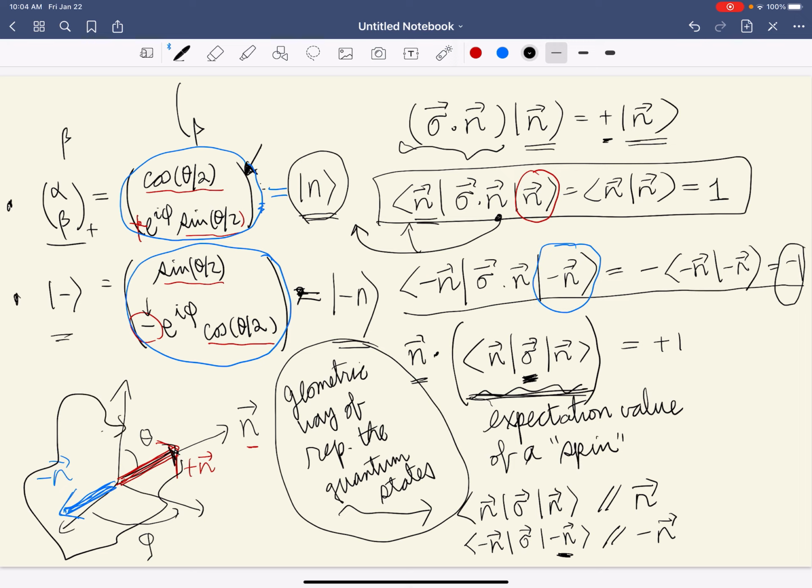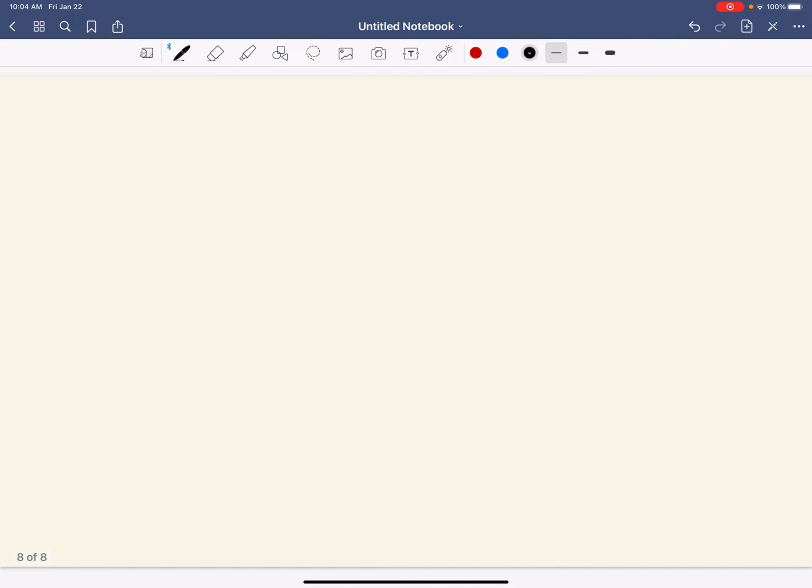As time evolves, this arrow rotates, kind of goes around in this space of parameters. Okay, and there's one more thing we need to know about.